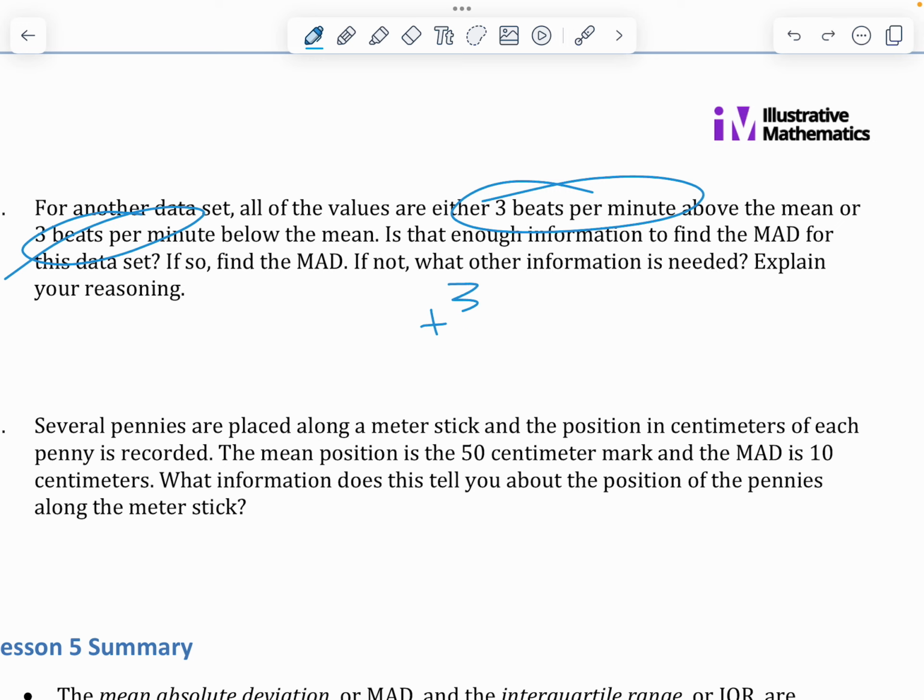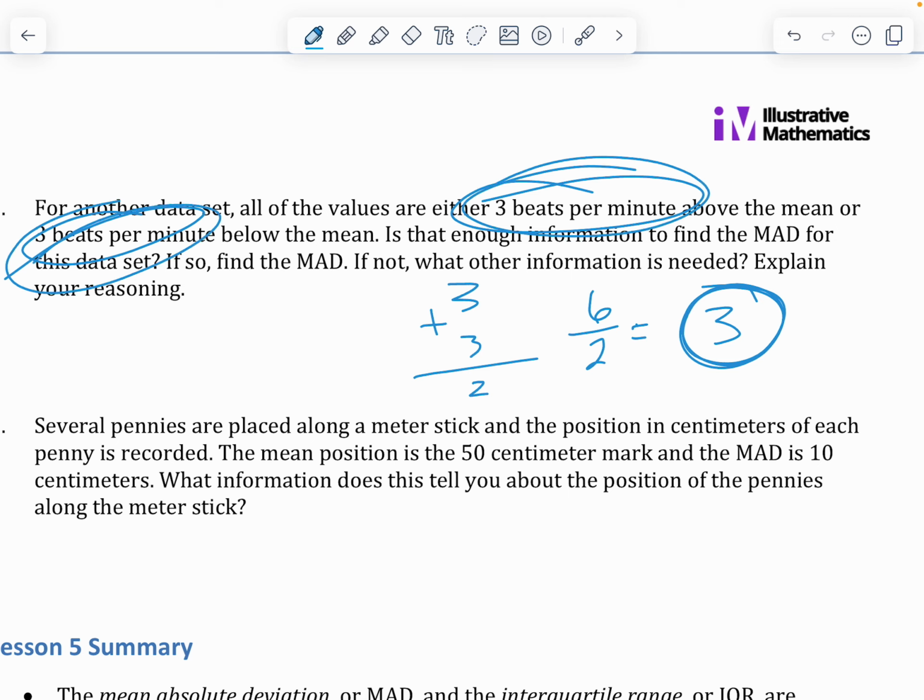But remember that we need the average deviation, so that's going to be 3 plus 3, then divide by 2. So that's 6 divided by 2, which tells you that the average deviation is about 3, right? Because you have 3 on the top side and 3 on the low side, this is not that difficult to figure out the MAD because it's an even number.